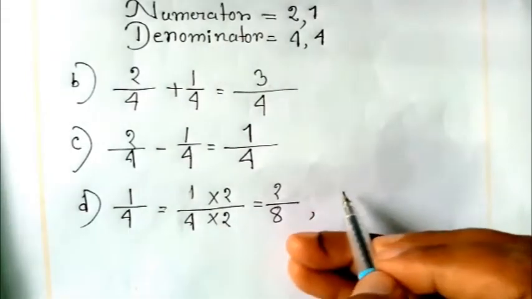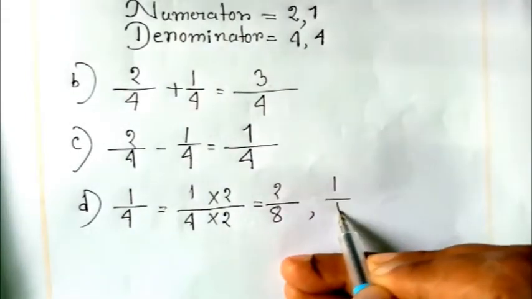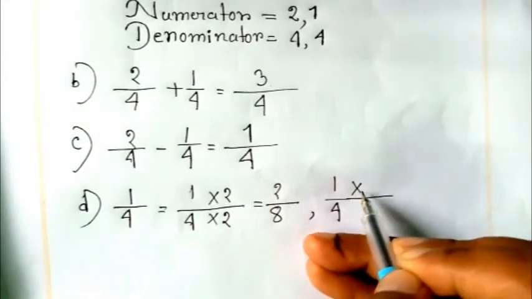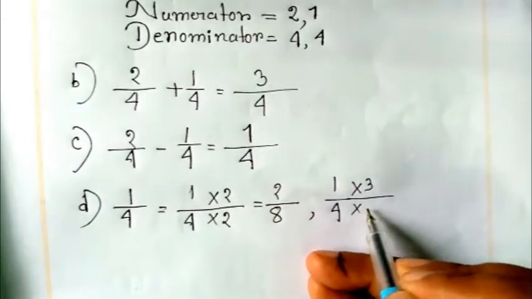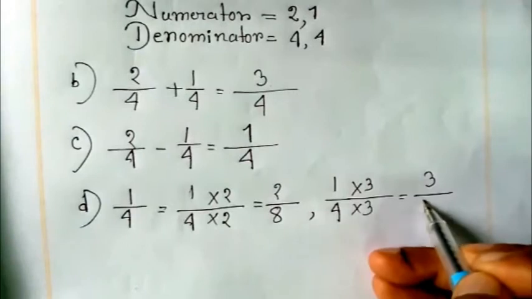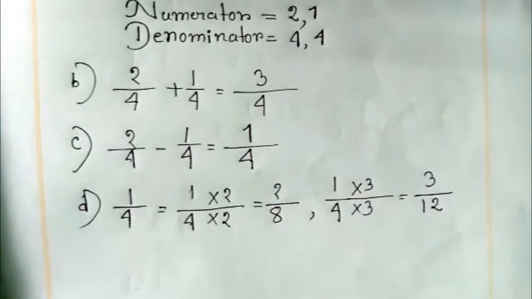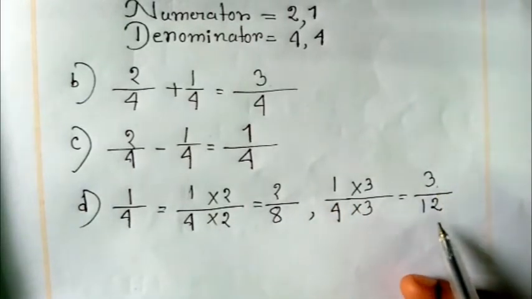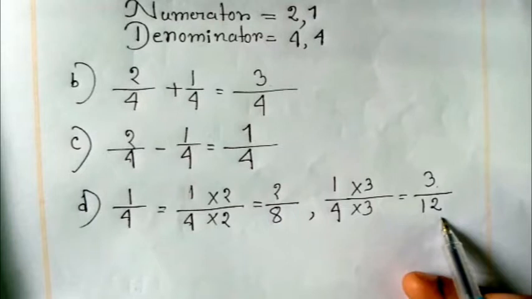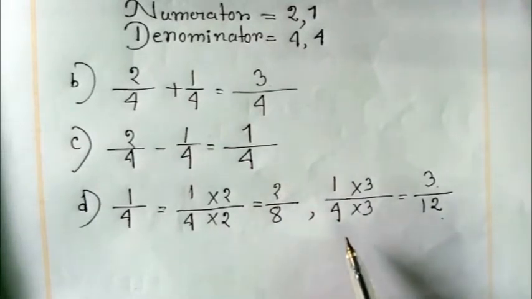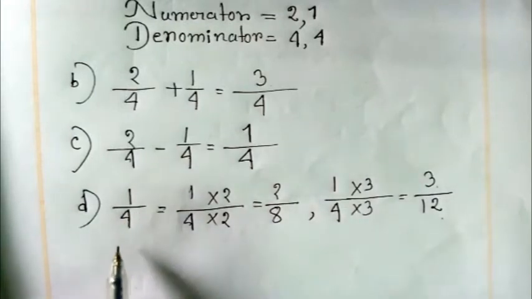And 1/4, 3. So we got 2/8 and 3/12. And these two fractions are the equivalent fraction of 1/4.